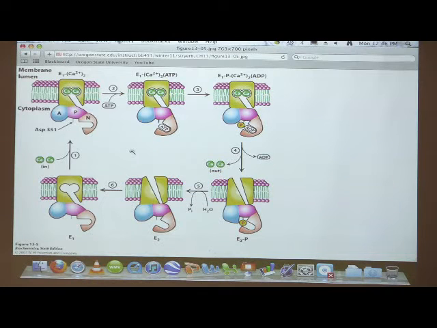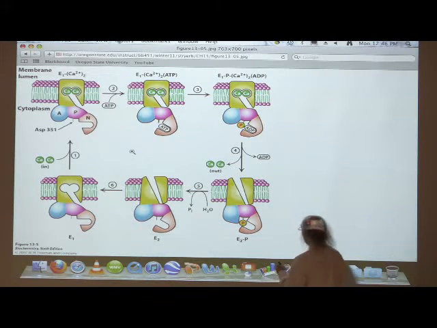And the entry of the two calcium ions stimulates the binding of ATP. ATP binds at the binding site inside of the transporter. Binding of ATP in turn causes a conformational change, which results in the attachment of one of its phosphates to the aspartate residue on the transporter protein. Okay?